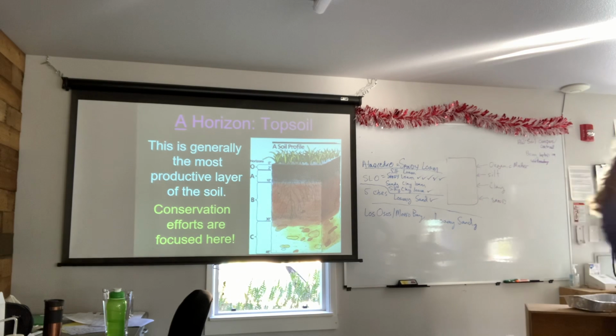And yet that's where pretty much all of our living things come from, be it our food or whatever, it comes from that top layer of soil. Wow. And so it's super, super important that we protect it, especially since it takes hundreds of years to make new topsoil.